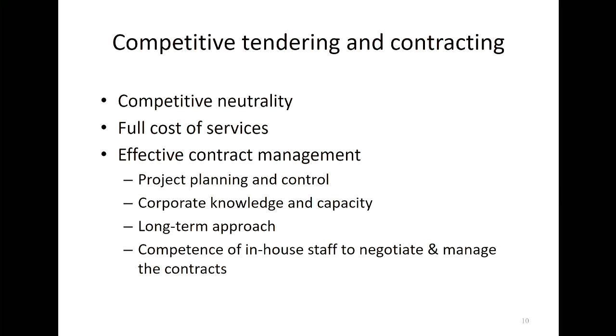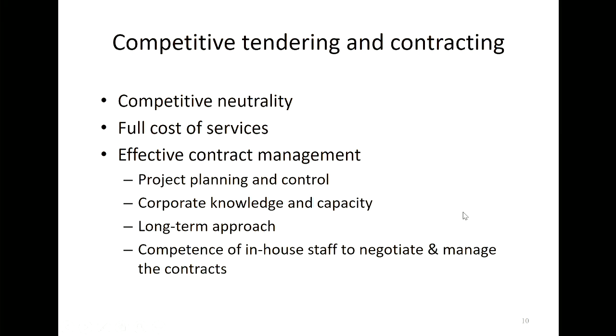So actually, apart from accounting firms, legal firms are another of the biggest providers of government services because the government has to consult them. Some of the areas suggested that we need to pay attention to in terms of contract management include project planning and control, because very often the contracts are quite complex, given the complexities of government services, so they require careful planning and control.